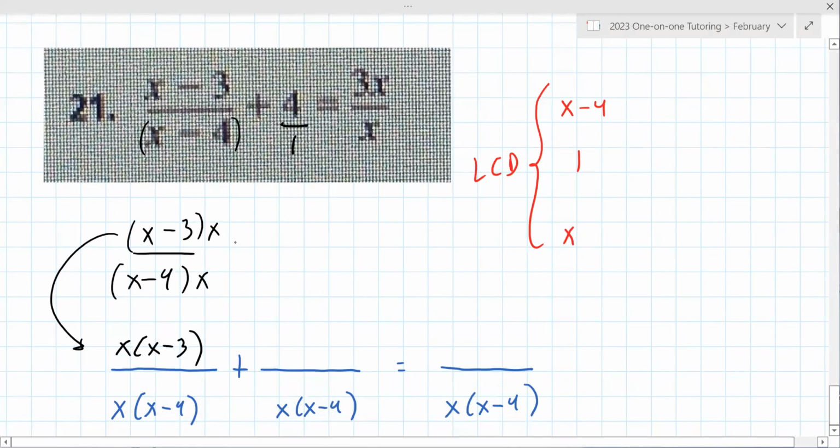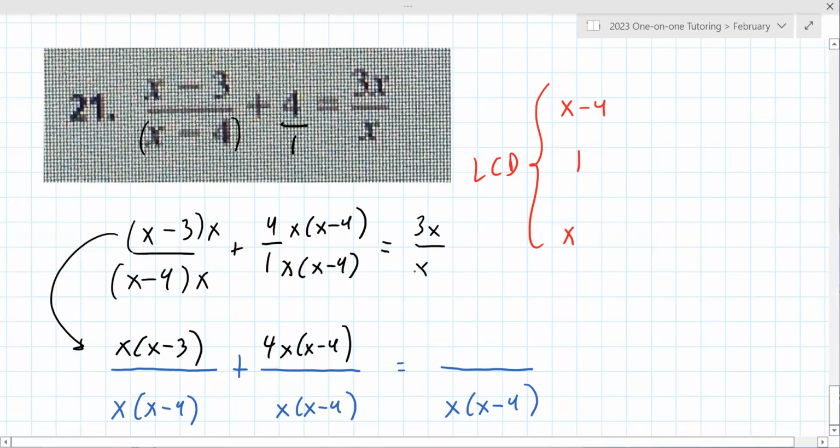Okay, now we've got this 4/1. The 1 needs to become an x times x minus 4. So it's missing everything. You're going to multiply by x times x minus 4. Is that okay? Now, this is about the point where I always tell students there's a lot of writing in these problems, perhaps the most you've done up till now. And it doesn't get better.